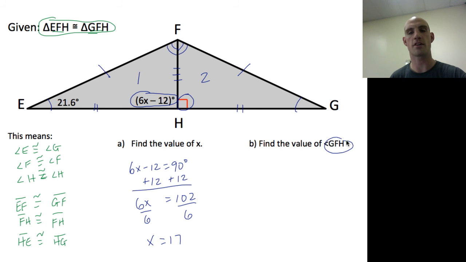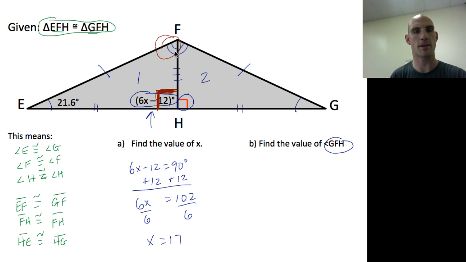In order to find the value of GFH, I need to do a little bit of figuring. Now, I know that this angle here is 90. So what I can do is, I can fill this in with a 90-degree mark. How does that help me? Well, it doesn't necessarily help me, except for the fact that I can find this angle now.